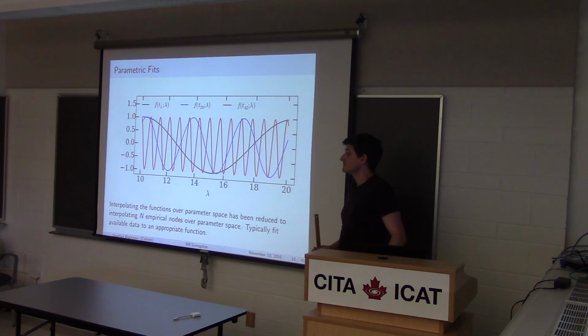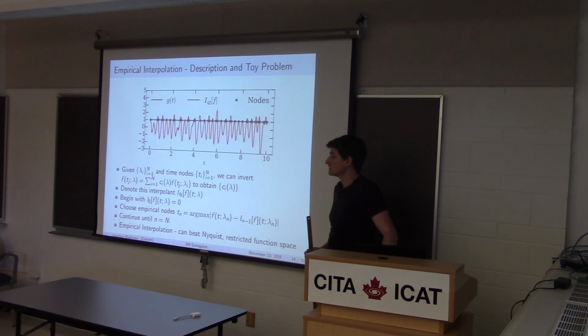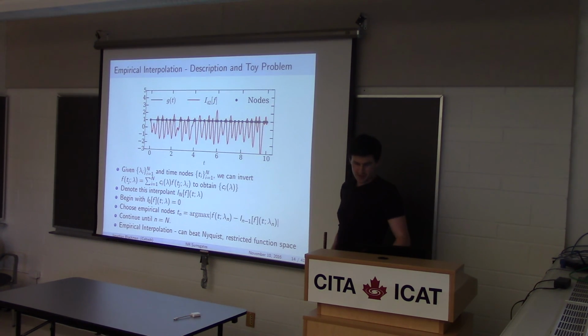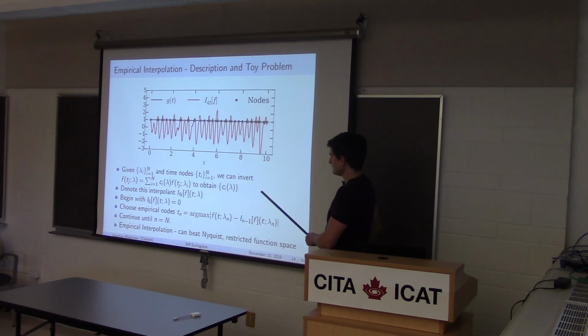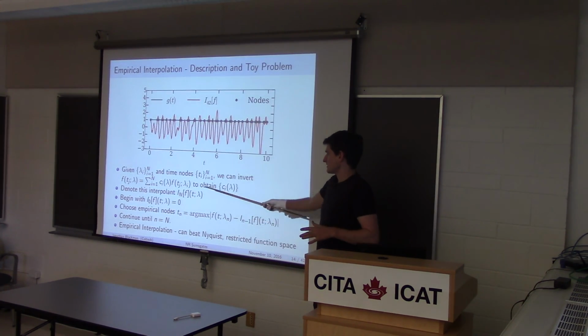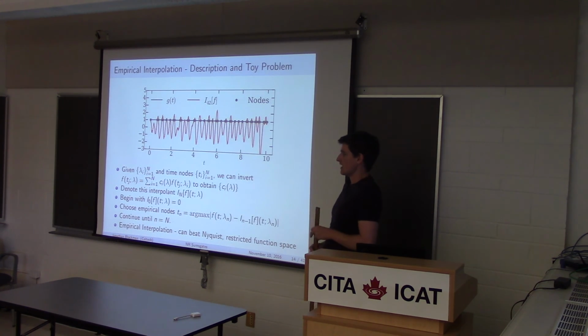So in the interpolation step now, if you want to interpolate a different lambda, do you have to invert matrices or? No. So what you do when you build this empirical interpolant, you end up solving this beforehand. In the end, what you have is a matrix multiplication.